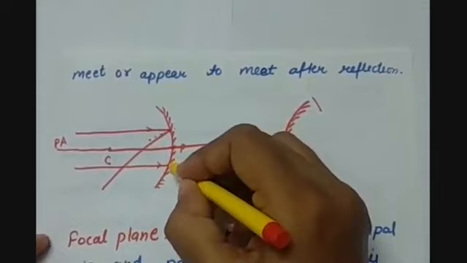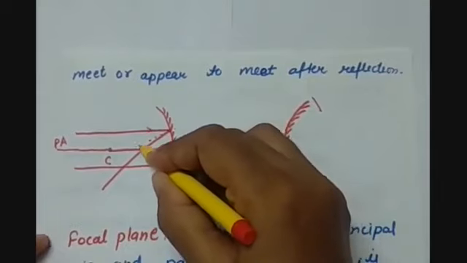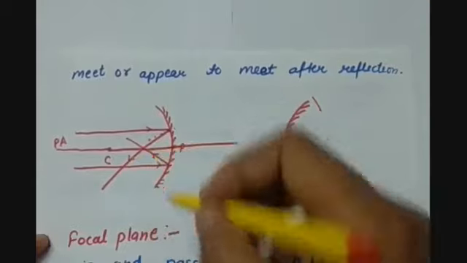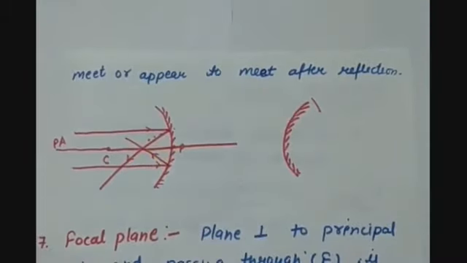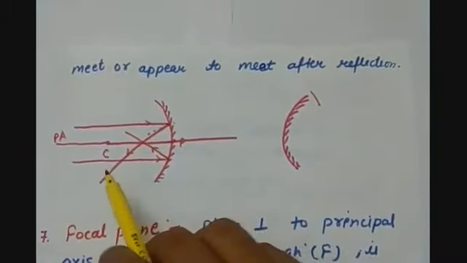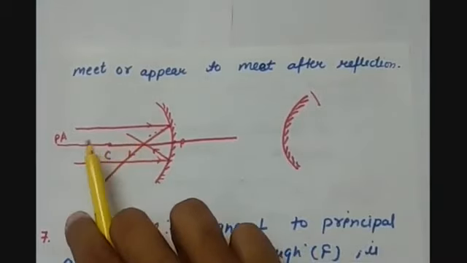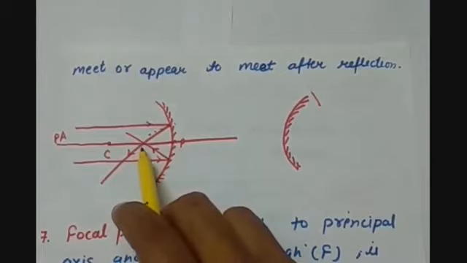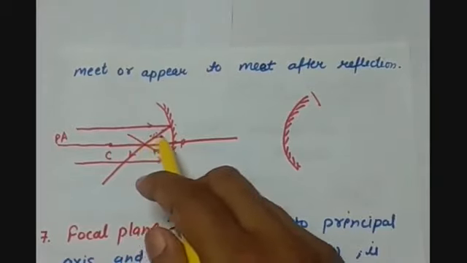The same will happen at this end and the light will get reflected. But all the radiations coming parallel to the principal axis will meet at a point after reflection.